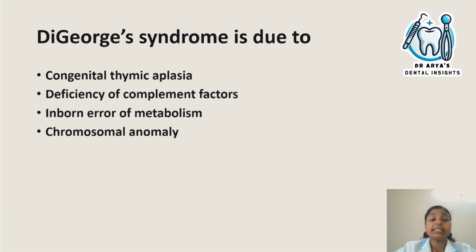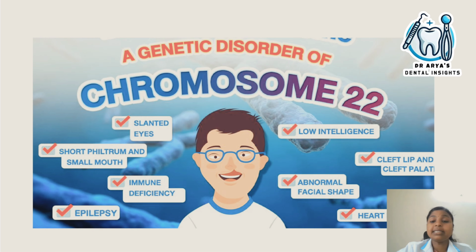And then coming to DiGeorge syndrome, what is it? Is it due to congenital thymic aplasia, deficiency of complement factors, inborn error of metabolism, or chromosomal anomaly? It is actually a genetic disorder of chromosome number 22, that is DiGeorge syndrome. What are the features? Slanted eyes, short philtrum and small mouth, immune deficiency, then epilepsy, abnormal facial shape, low intelligence, cleft lip and palate, and heart problems.